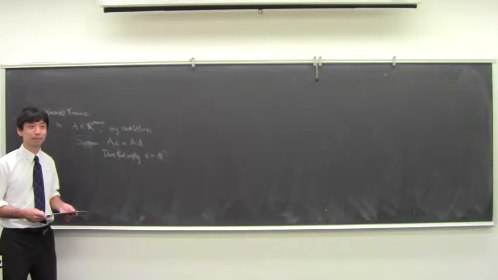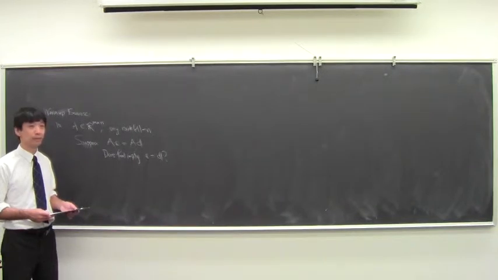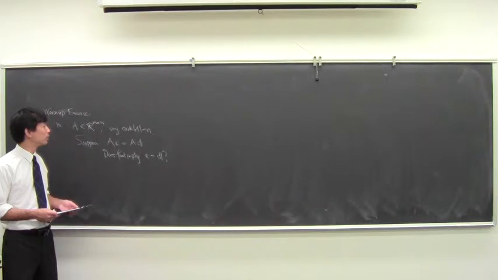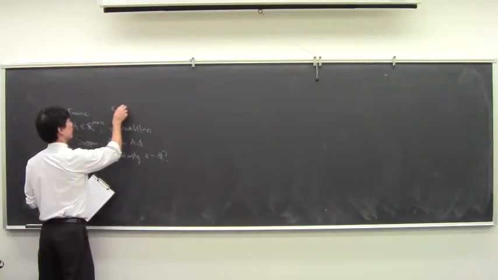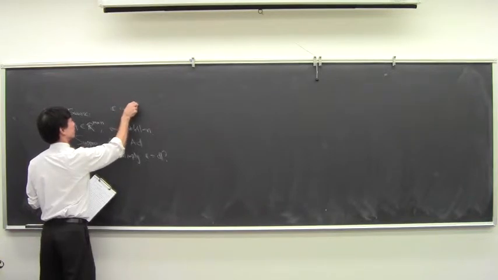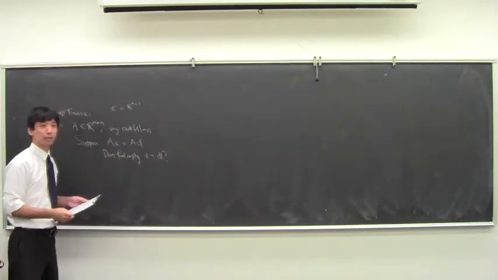I was just thinking that, suppose you take AC, so you would get a matrix which is m by 1. C is going to be n by 1, right? It's an n vector.